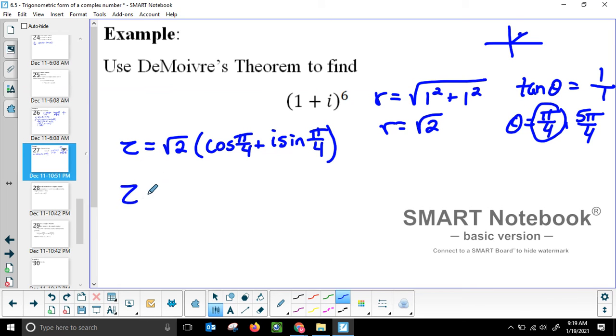So z to the 6th: the square root of 2 to the 6th is really just going to be 2 to the 3rd, which is 8. You could, of course, use a calculator for that. And then cosine of pi over 4 times 6 is 6 pi over 4, which is 3 pi over 2.